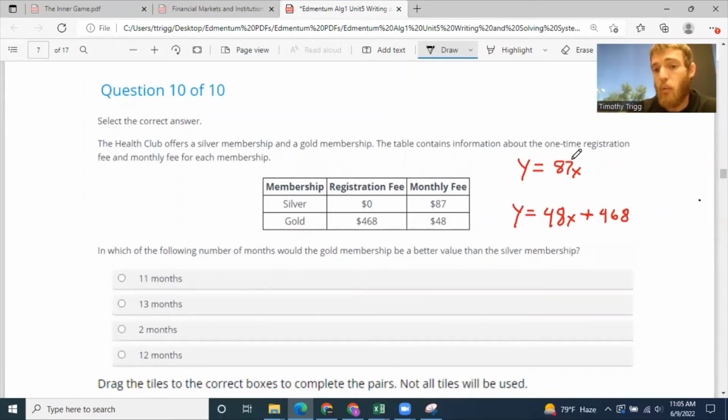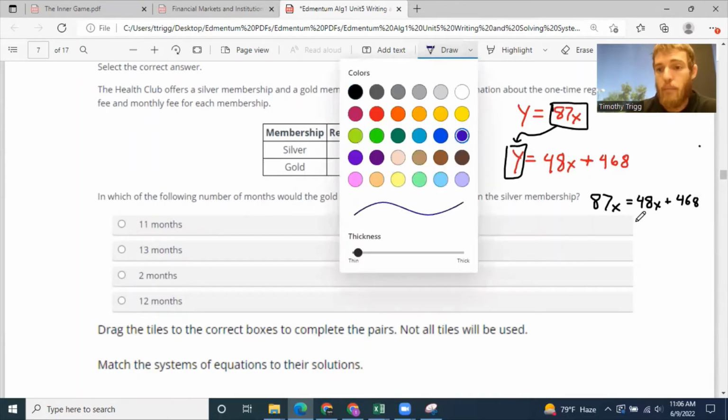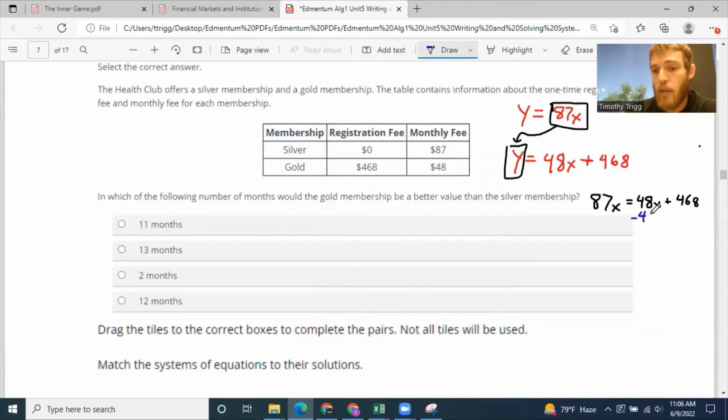Okay. So now that we have our system of equations, notice that this first equation already says y equals 87x. So I could replace the y right here with what y equals, substituting that into this. So let's rewrite this second equation, giving us 87x equals 48x plus 468. What would I do next? Well, here I've got x's on both sides of the equation. I don't like that, so I'm going to subtract 48x.